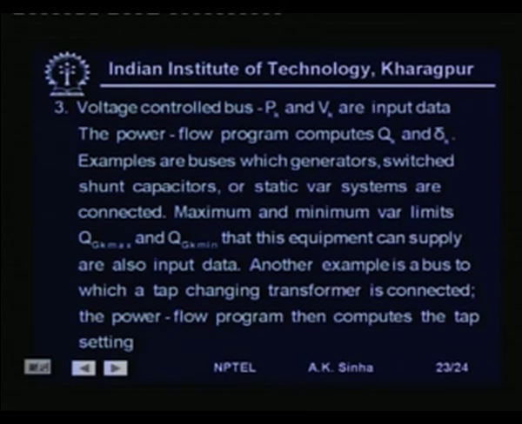The main reason for this is, at these bus bars, since we have reactive power control available, we try to keep the voltage controlled or the voltage magnitude at some specified value, and therefore the voltage magnitude can be specified, and since these are also generator bus bars or maybe load bus bars, the real power at these bus bars is known.